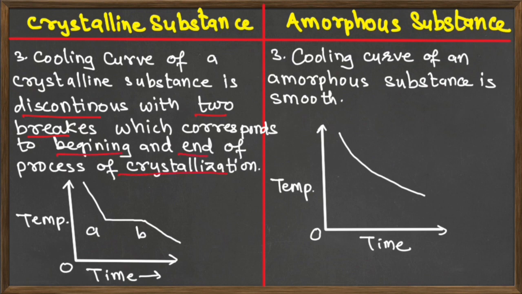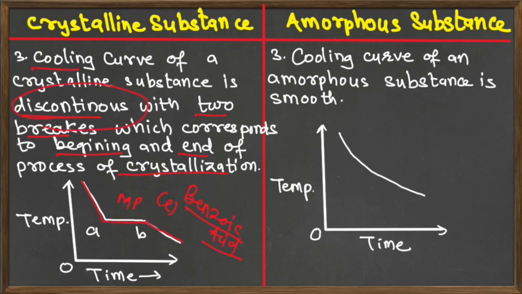That means if you take, say for example, benzoic acid and heat it to melt, when you start cooling it and plot a graph against temperature and time, you will find that initially the temperature decreases, the phase of benzoic acid remains as a liquid, but at its melting point, suddenly all of the benzoic acid is converted to the solid phase and temperature remains constant.